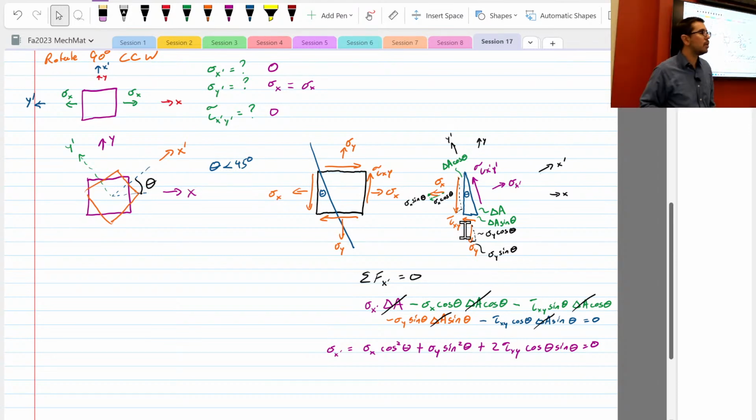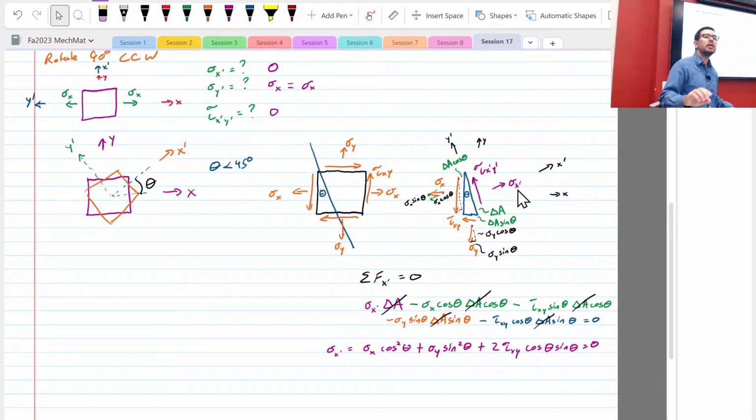You wouldn't have drawn tau xy. You would only be looking at the contributions of sigma x and how they influence sigma x prime. Any questions?